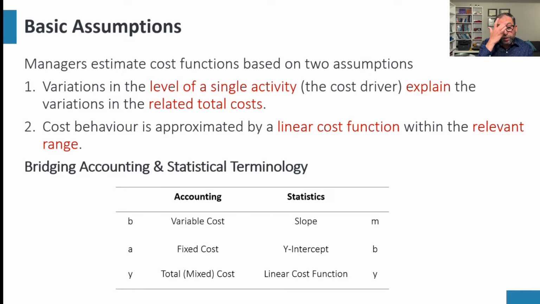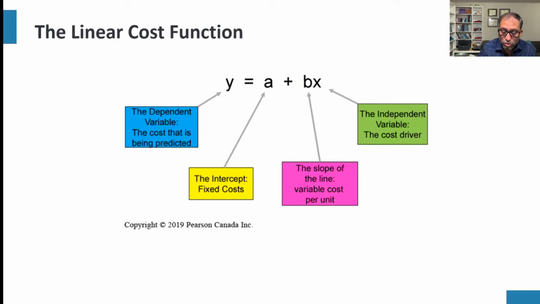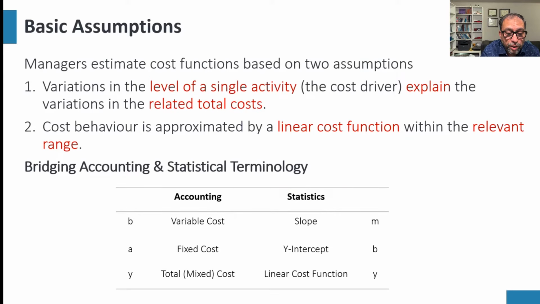So the slope is the variable cost, and the intercept, the y-intercept, is where the graph is starting. If I draw here, this is the slope of the curve, which is the variable cost, and this one is the y-intercept, and that is the fixed cost.